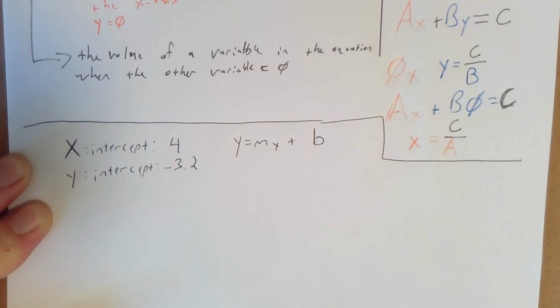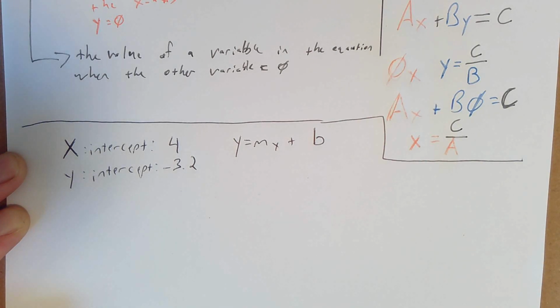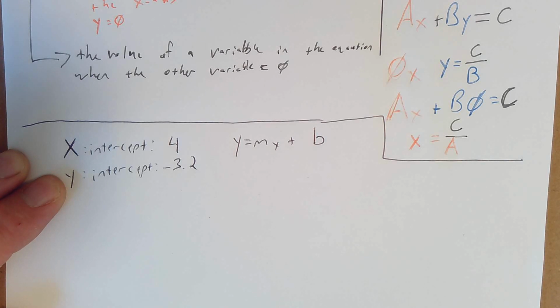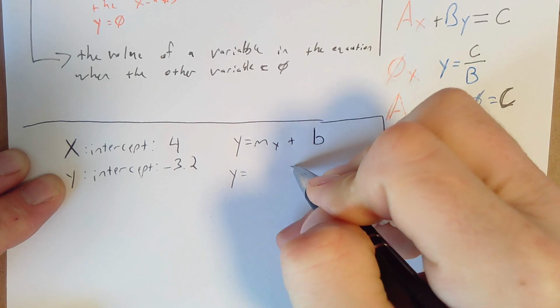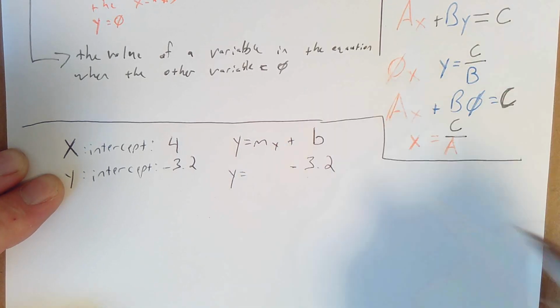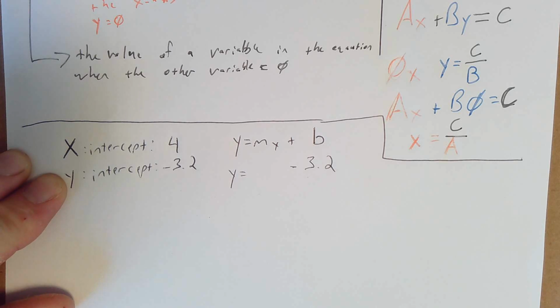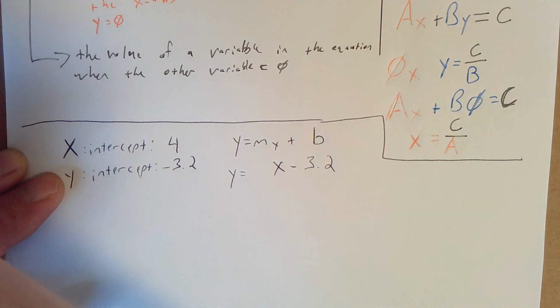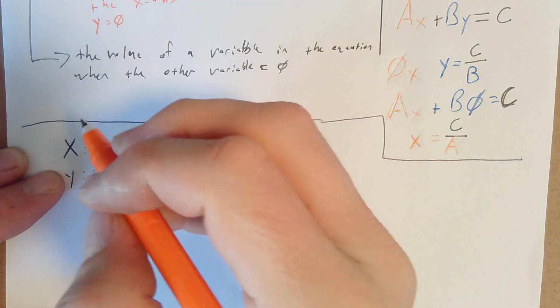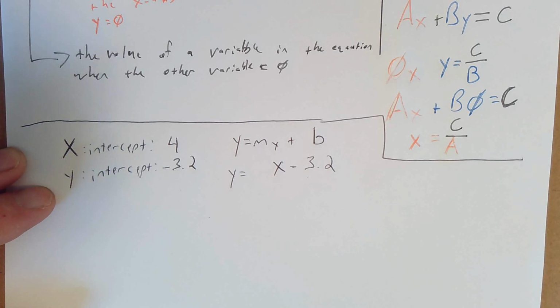Well, I know my y-intercept already, so I can say y equals mx plus 2. Now all I need to know is the slope of this line. Well, I know that a slope is a change in y over a change in x.